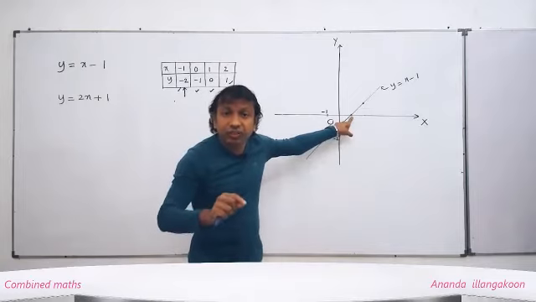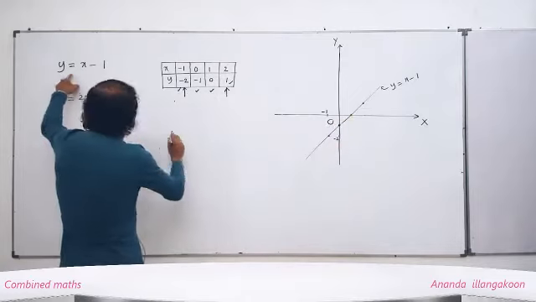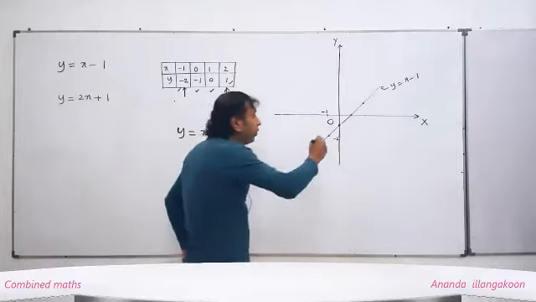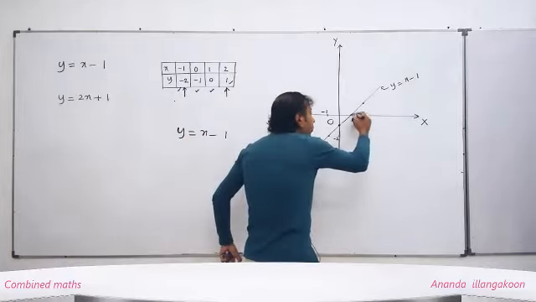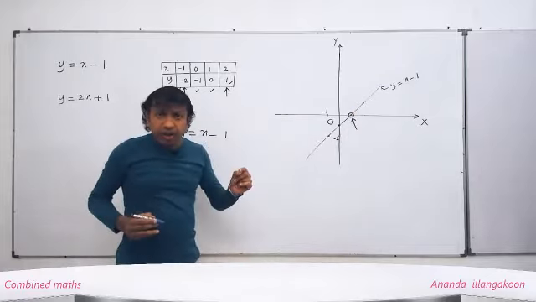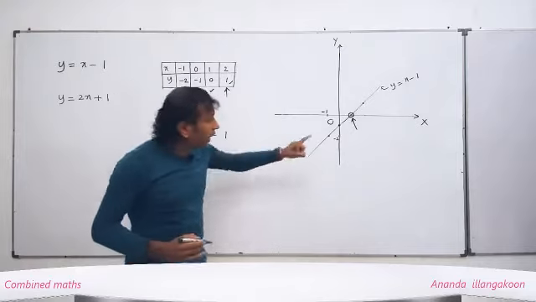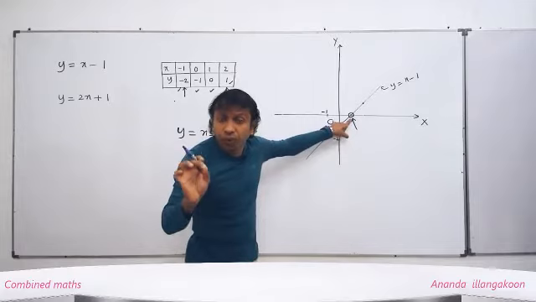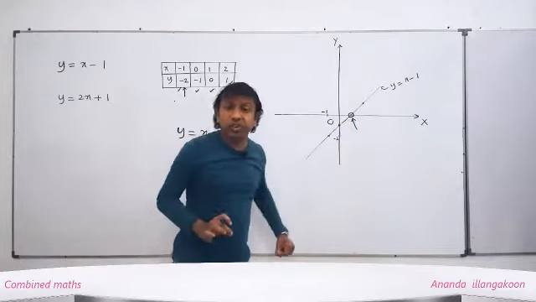What is this point? The point where the line cuts the x-axis. At this point, what is the y coordinate, people? 0. Why? At any point on the x-axis, the y coordinate is 0.